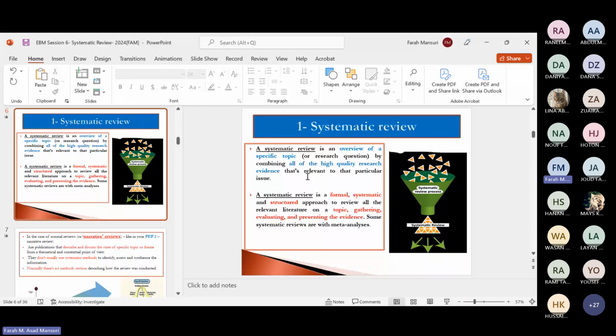So why are systematic reviews carried out? When there is controversy in the results of randomized control trials, or in the results of cohort studies, or in the results of case control studies. As you all know, case control, cohort and RCTs are analytical study designs.